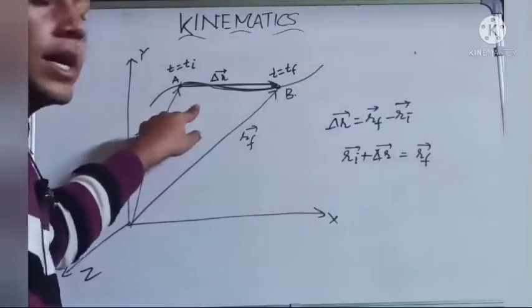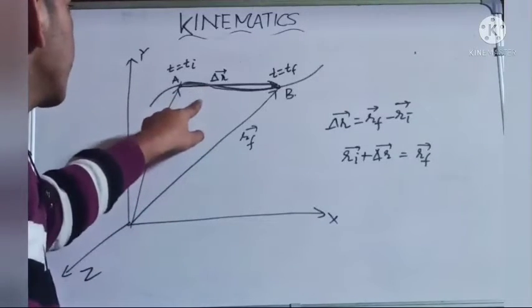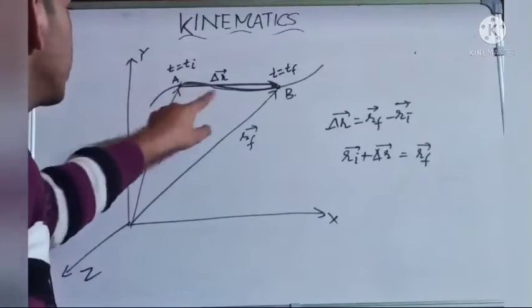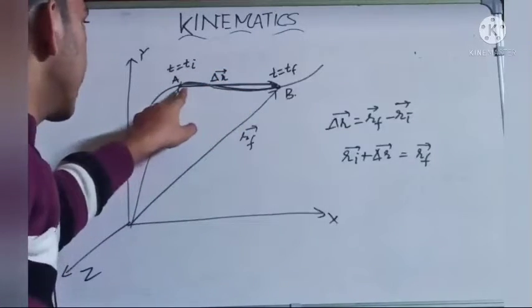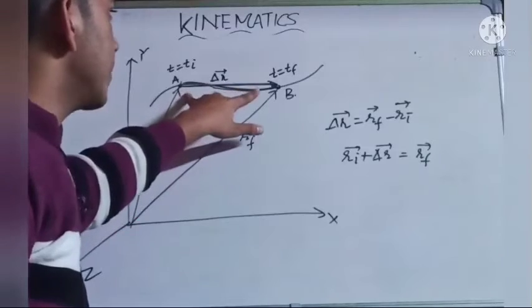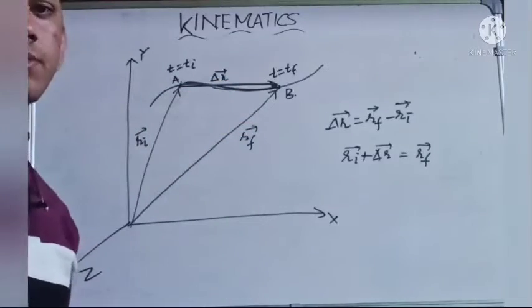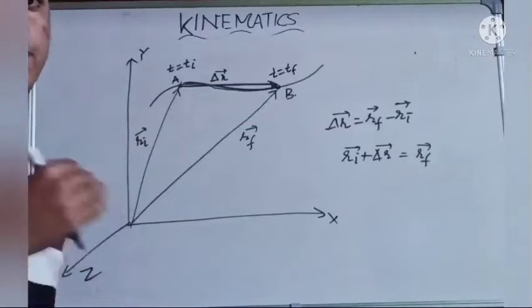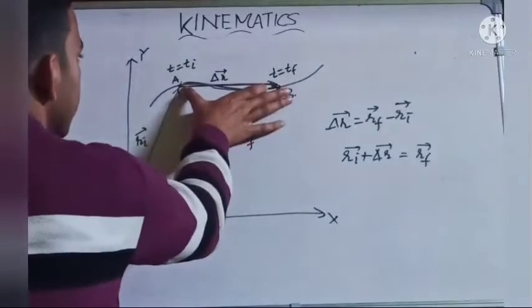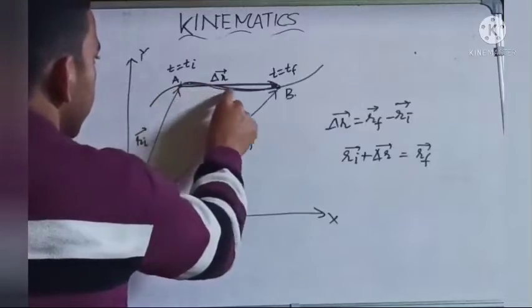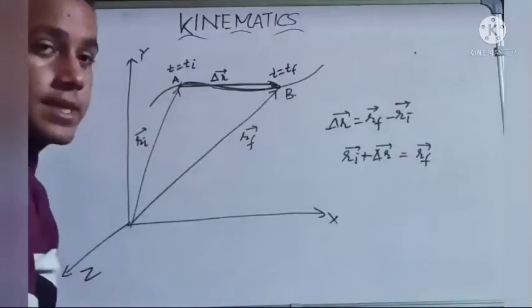But if we are required to calculate the displacement of this particle from A to B, or time t equal to t initial to t equal to t final, we have to calculate the magnitude of this vector along with the direction. We have to denote both the magnitude as well as the direction, since displacement is a vector quantity. This vector denotes displacement, whereas this path length denotes distance.